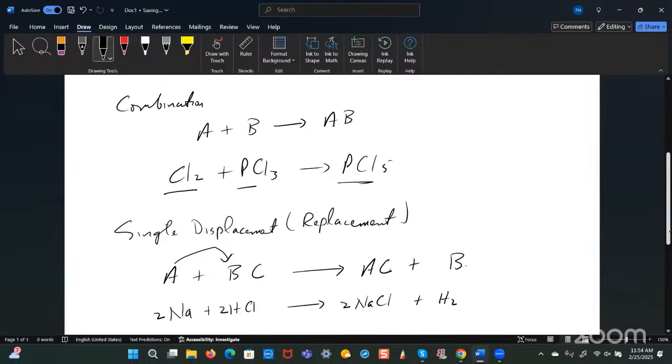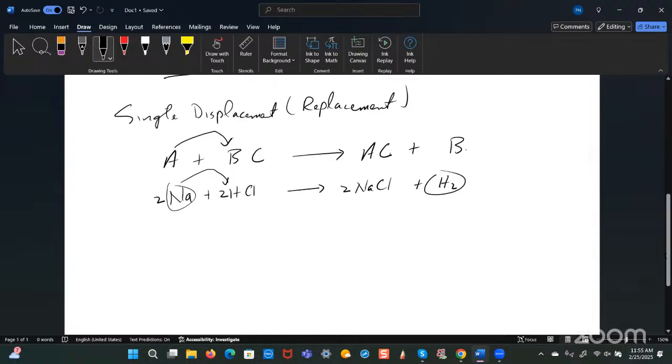So that is a single displacement reaction because the sodium here is displacing the hydrogen from that compound. The sodium ends up being combined with the chloride, and the hydrogen is displaced from it, all right? So that's what we call a single displacement reaction, where one atom or group of atoms displaces another group of atoms or one atom. Let me give another example of this.